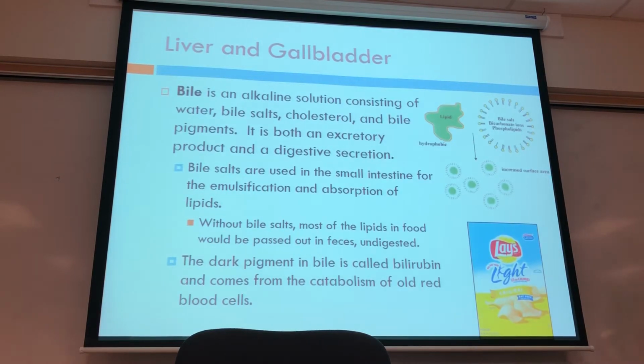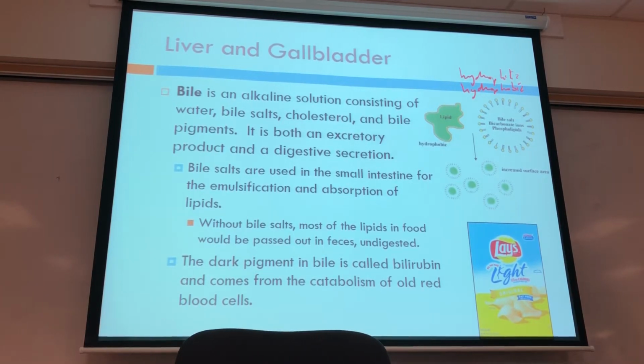Now, what exactly does bile do? Well, bile, like I said, emulsifies fats. And the way it works, it has both hydrophilic and hydrophobic regions. And it comes in and circles around a lipid molecule. So here's our lipid molecule. It's all clumped together because this is a rather large molecule.